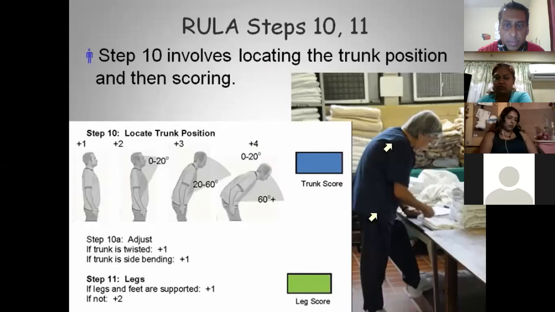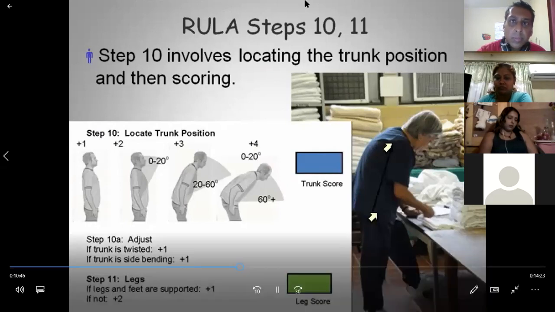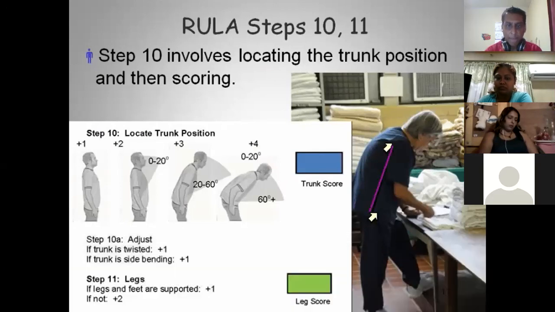Slight deviation forward, no more than 20 degrees, we have a plus 2. More extreme deviation, 20 to 60 degrees, we have a plus 3. And then almost complete forward bending would be our plus 4.